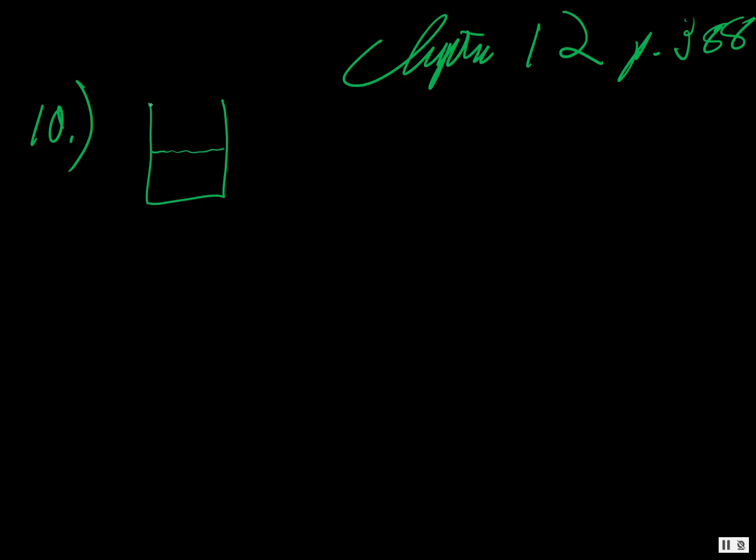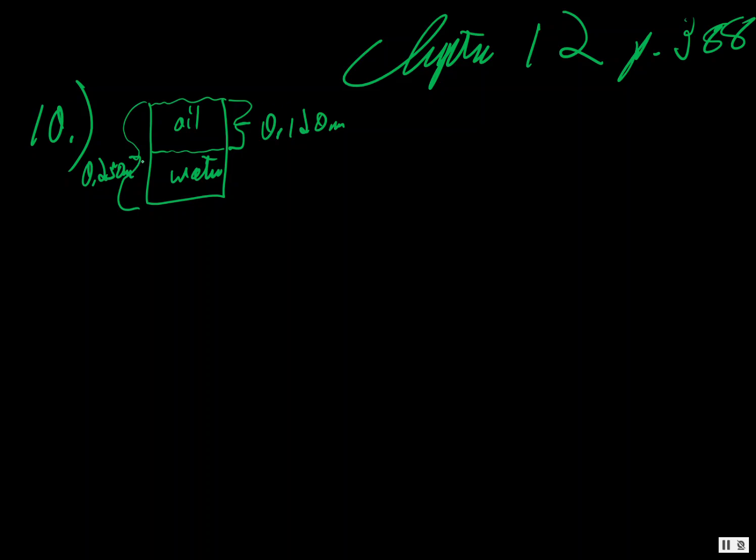And this is oil, and this is water. The layer of oil is 0.120 meters, and the entire depth of the barrel is 0.250 meters.